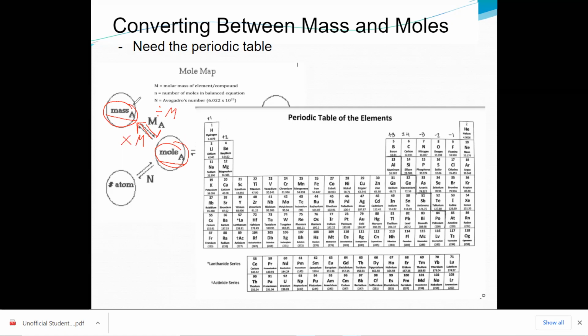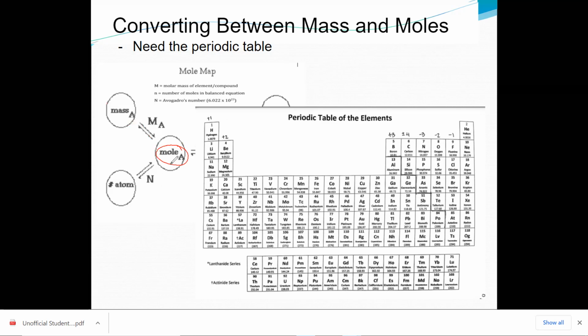If I want to go from mass to moles, I am going to divide by the molar mass. If I want to go from moles to mass, going the other way, I'm going to multiply by the molar mass. Okay? Now, let's say I have a mole amount and I want to know how many atoms, particles, or molecules that is.